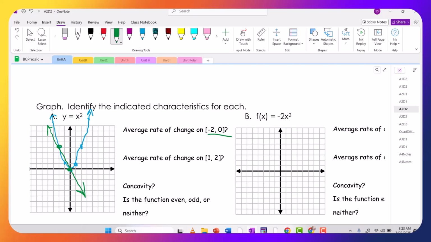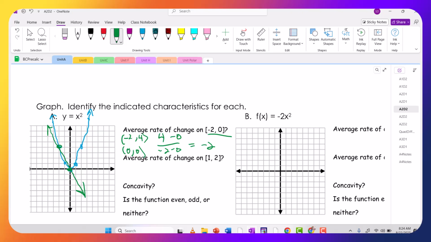Take these two coordinates, (-2, 4) and (0, 0), and find the slope. Actually, I could have just found the slope of the line I'm looking at, rise over run. But I'll go ahead and employ my slope formula just for giggles. 4 minus 0 over -2 minus 0, 4 over -2 is -2. Well, look at this.